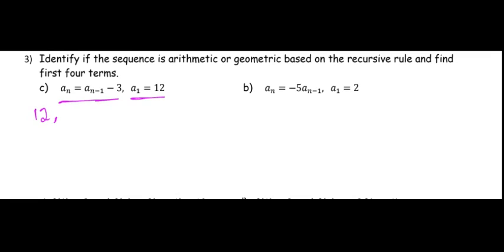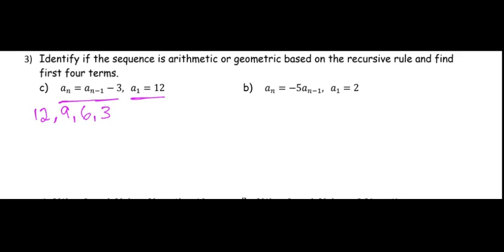That means all I need to do is subtract 3, the common difference, from each number to go from one term to the next. 12 minus 3 is 9. 9 minus 3 is 6. And 6 minus 3 is 3.